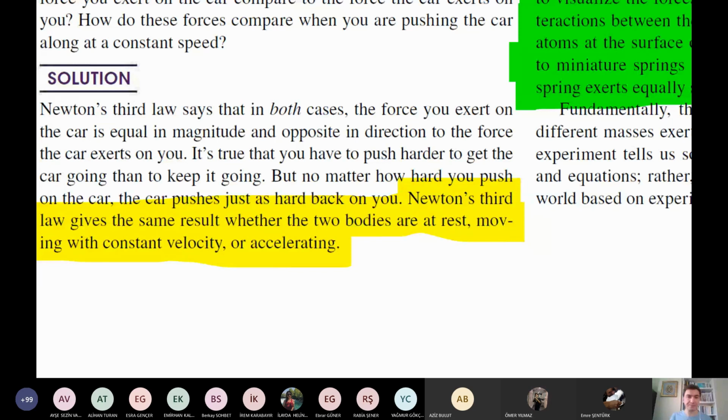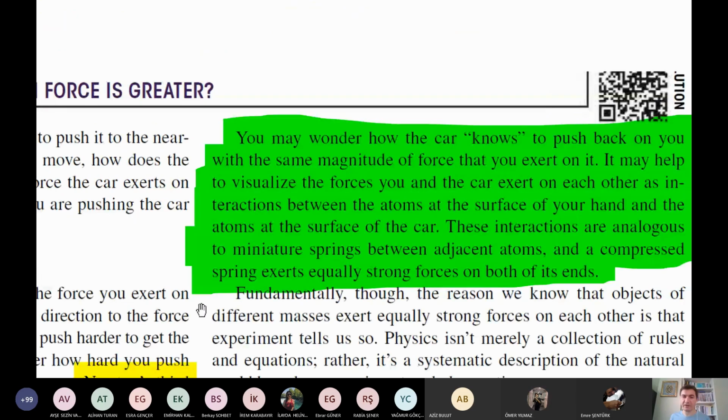So this is Newton's third law. Here we have important information. Let me read this part because it tries to explain the mechanism of Newton's third law. You may wonder how the car knows to push back on you with the same magnitude of force that you exert on it.